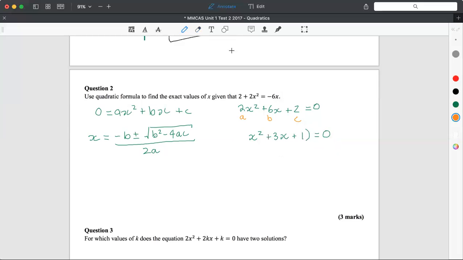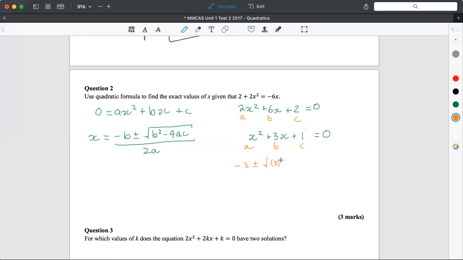So let's just work from there if my computer will let me erase that. So we can just solve this, which is a little bit easier. So always look out for whether you can take out a common factor. So in this case, it's easier. A is 1, B is 3, and C is 1. So we're going to take negative B, so it's going to be negative 3 plus or minus the square root of B squared.